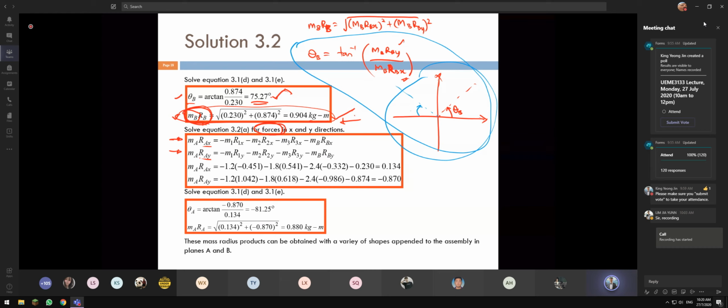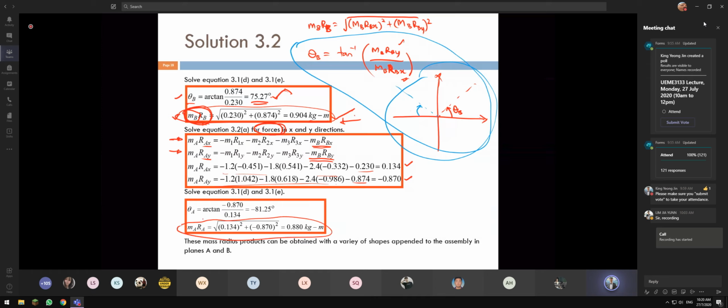So we just substitute all the values, including this MBX, MBRBX, and MBRBY, along with the rest of the M1 to M3 values. We will get MARAX is 0.134, MARAY is negative 0.870.